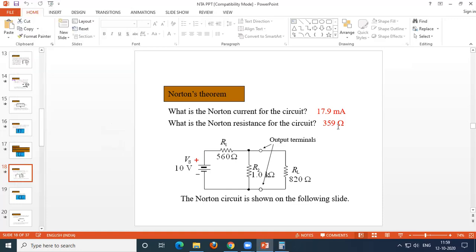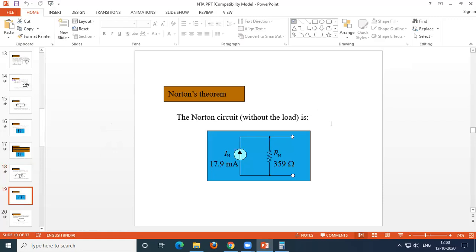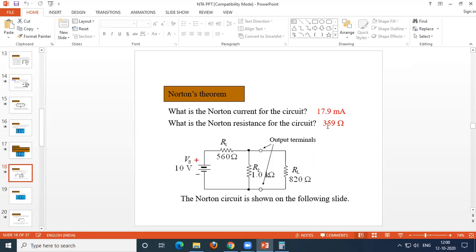So how do we form the circuit? We put the current source in parallel with the resistance. The circuit diagram we have drawn consists of an input current source of 17.9 milliampere, and the equivalent resistance is 359 ohm.